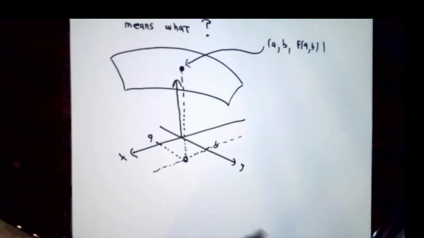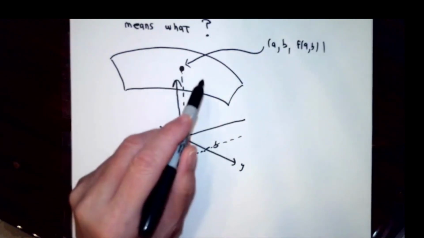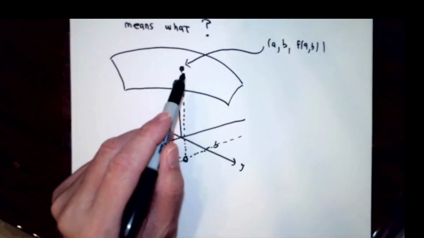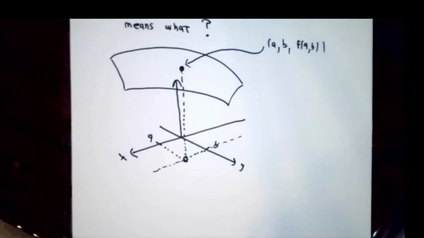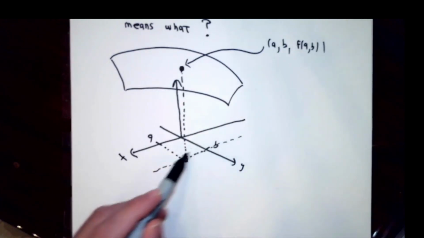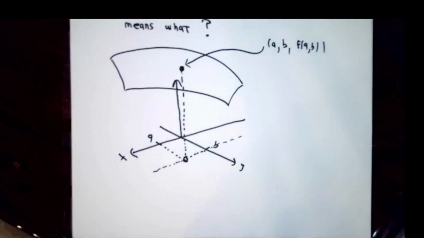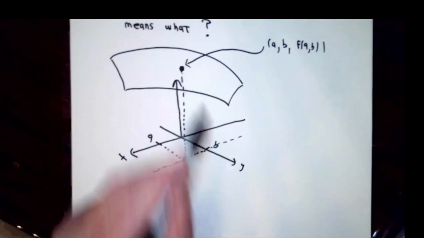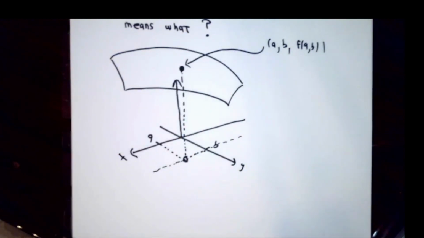This means I'm not thinking about all of the points of the surface. I'm only thinking about the points of the surface that lie above this straight line. For each point on this straight line, there's a function value, there's a point on the graph to go with it.